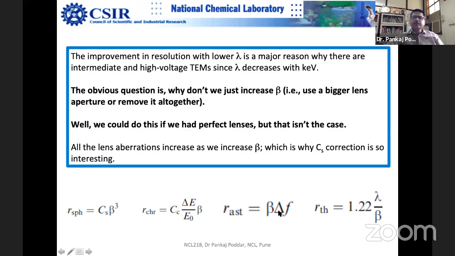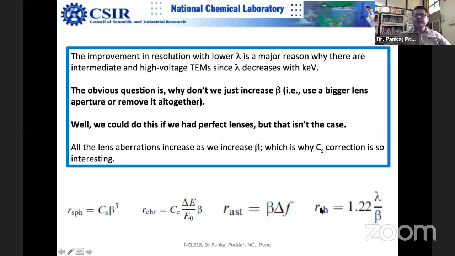You can understand, right? If somebody asks you why TEM has non-zero defocus while in optical microscope there is zero defocus, delta F is zero, now you know the reason, right? So it acts like a corrector actually. Now R theoretical, this is diffraction limited. Now beta is here.